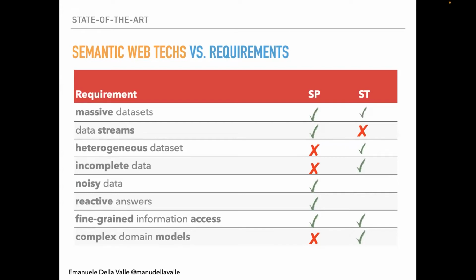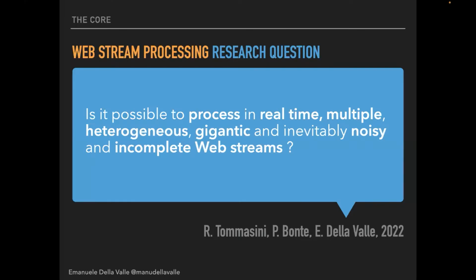But then they do not have a way to cope with data streams, and of course, noisy and reactive answers are also not in scope. Or at least this was the situation back in 2008 when we started this field and we were thinking about how we can blend the two. Indeed, we framed the web stream processing research question as the following: is it possible to process in real time multiple heterogeneous, gigantic, and of course, inevitably noisy and incomplete web streams?